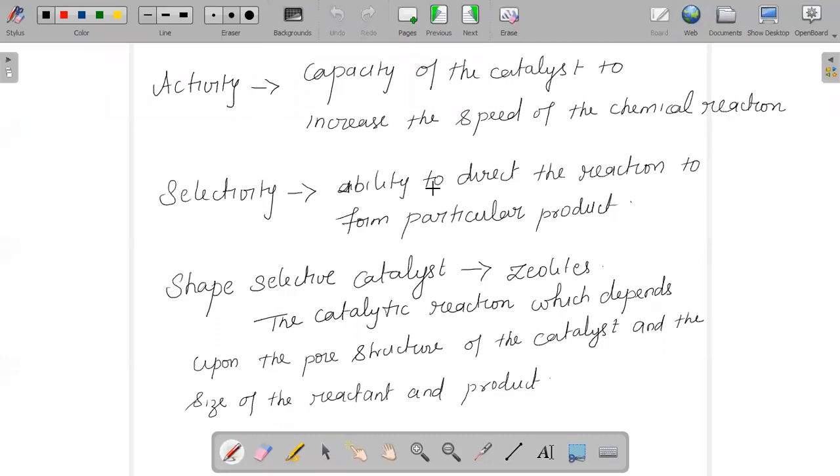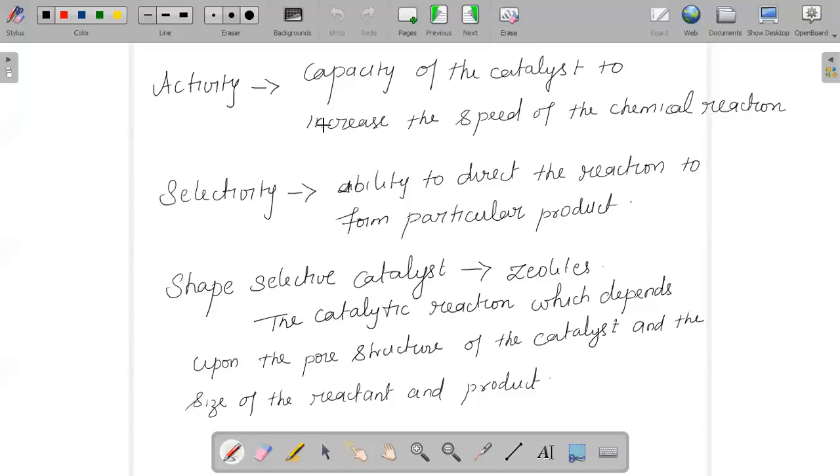And yes, of course, the activity will totally depend upon the extent of chemisorption. The adsorption should be reasonably strong, but it should not be so strong that the adsorbed molecule becomes immobile, and hence there is no place for other reactants to get adsorbed.